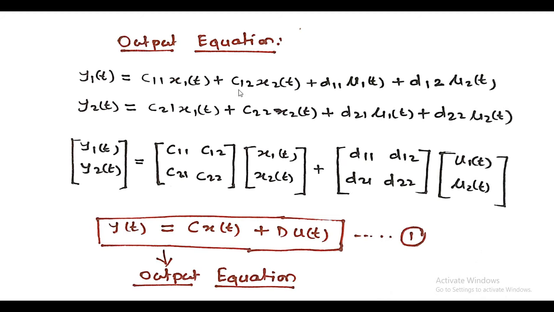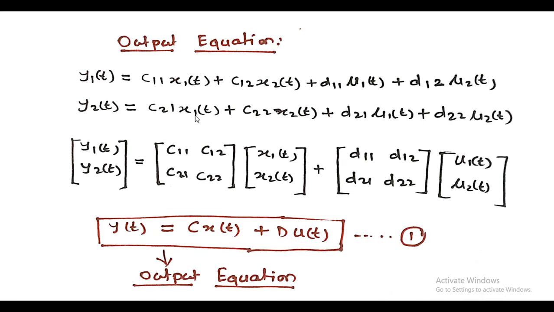If you understand this y1t, then you will easily calculate y2t. So if you see this y2t, it is C21 now, because this 2 is for y2. So this is C21 into x1t plus C22 into x2t plus D21 u1t plus D22 u2t. See how this multiplication is done.